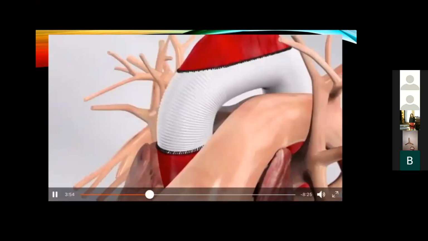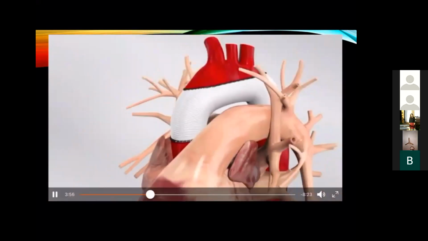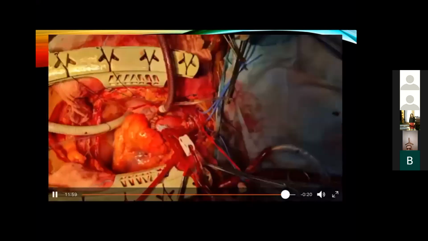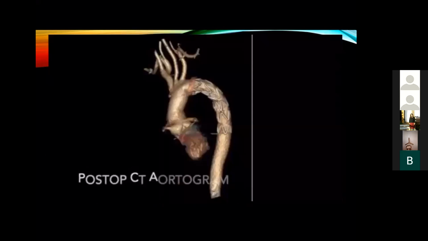So this is basically it. This is the final result, and this is the post-op CT aortogram.